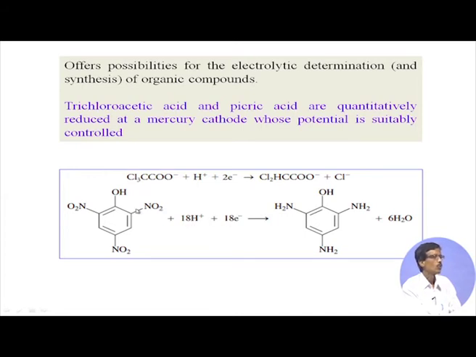So, this triaminophenol can be obtained from there, and this is a very interesting reaction to study, where NO2 is converted to the NH2 function, and you have 3 nitro groups being converted.